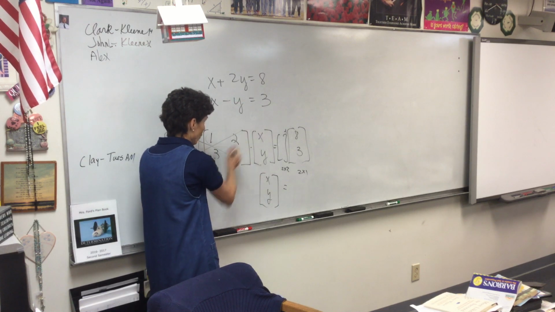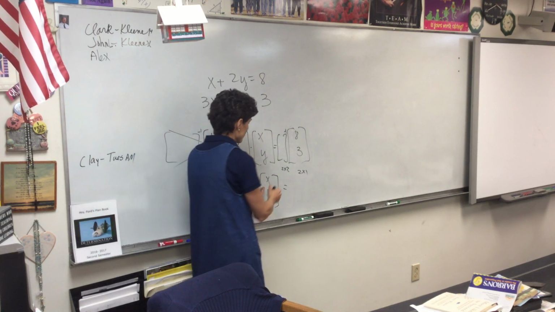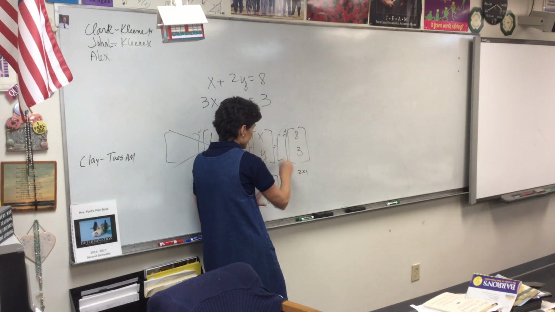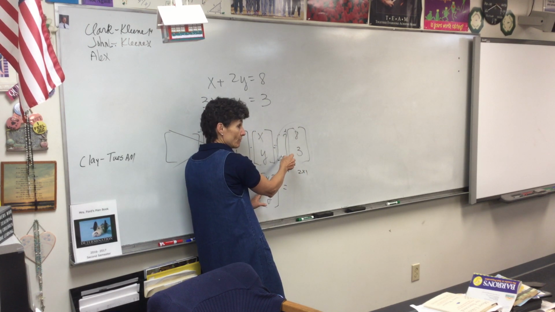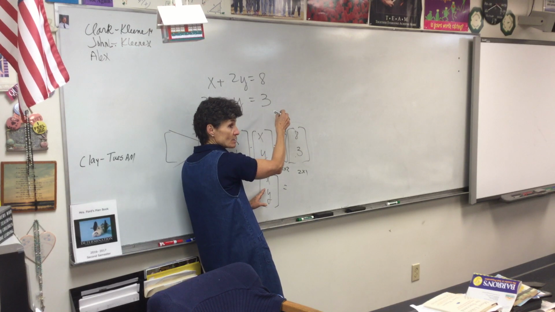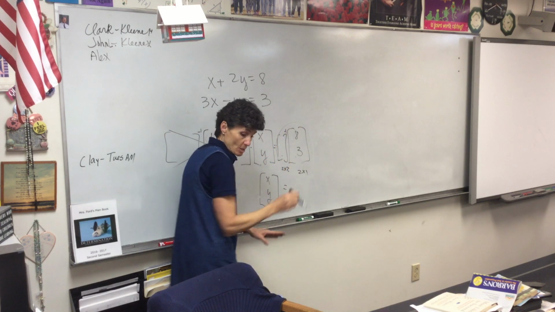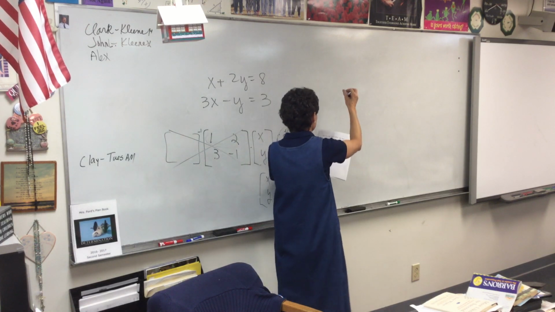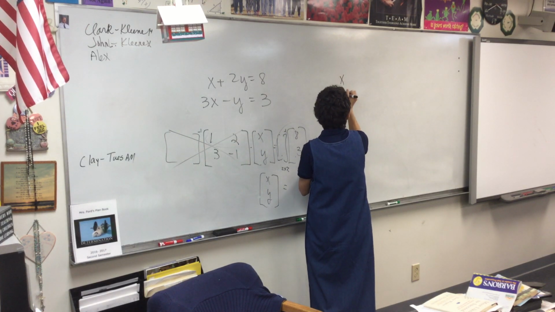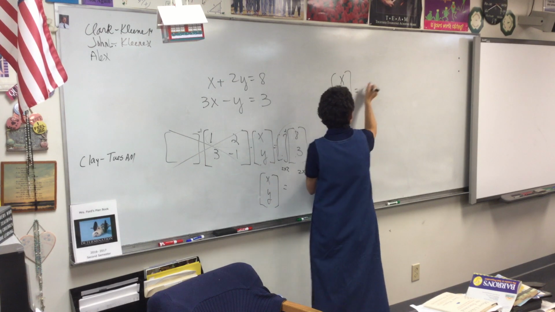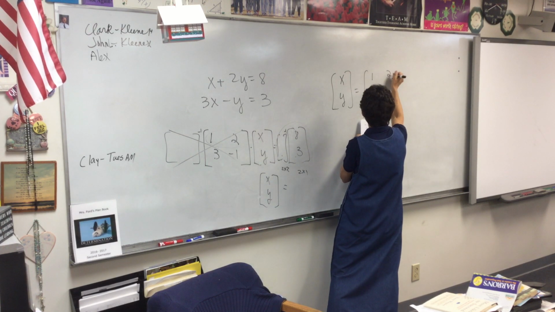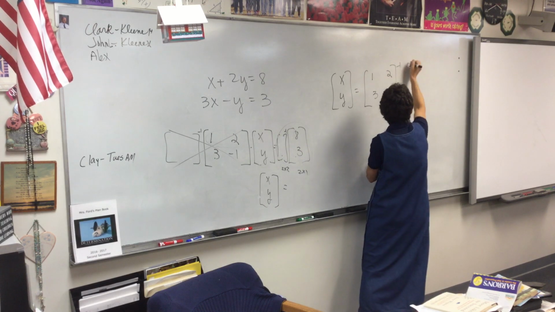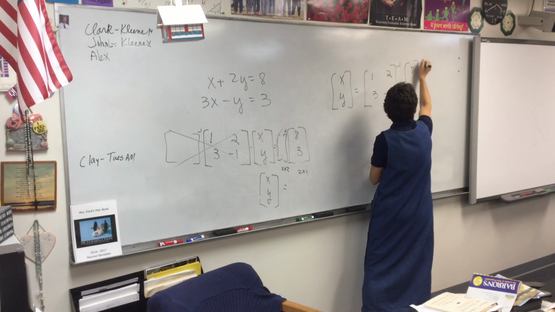So this is going to be gone. Your answer is essentially gonna be what then? How am I gonna get my answer? The inverse times these numbers? So when I do this question on the back of page 2, my answer is going to be the inverse of this times 8/3.